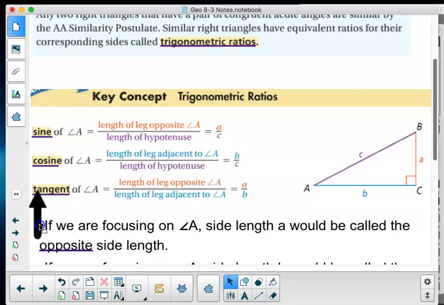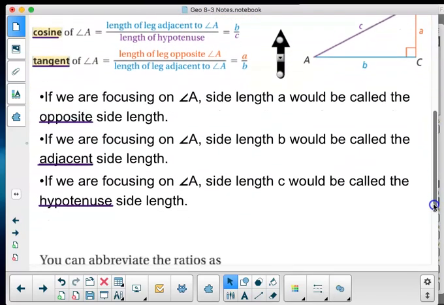Now we have a tangent ratio, which is the length of the leg opposite angle A and the length of the leg adjacent to angle A. Now, if we are focusing on angle A, side length a would be called the opposite side length.